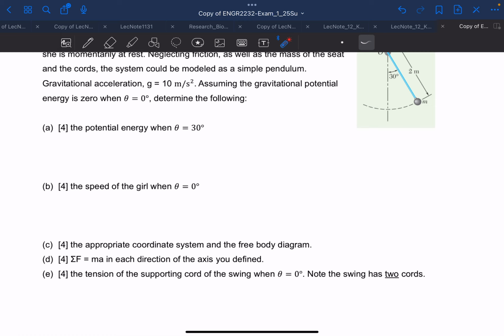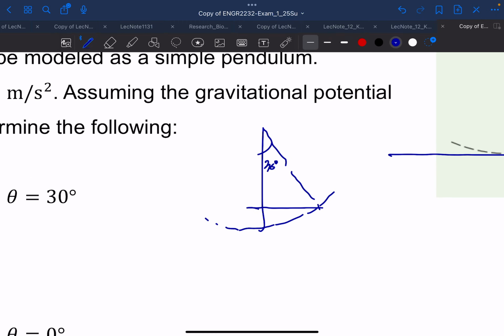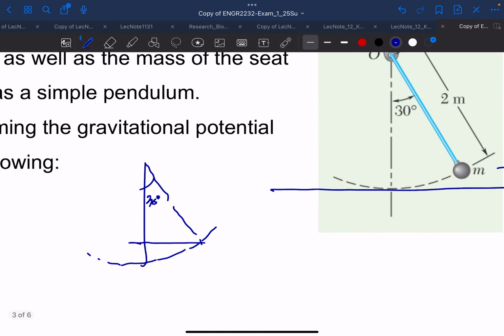Potential energy V is simple, mgh, isn't it? From this point, we need to find the h. This may require a little bit of geometry. This is 30 degrees, and what was the length? It's 2 meters. So what's going to be the length of this part?